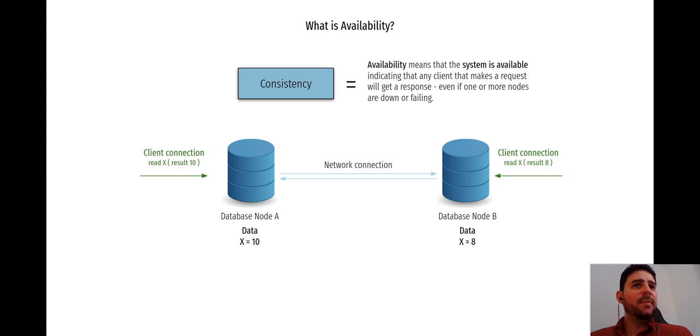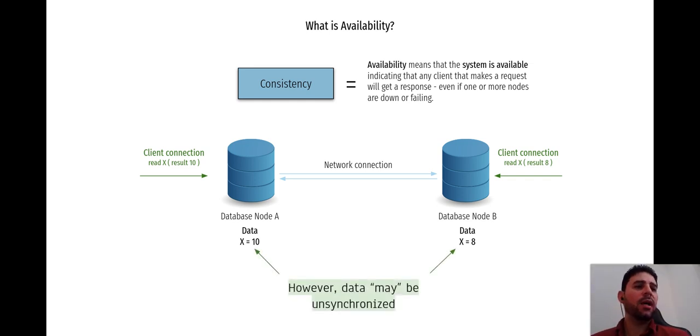After that, we have availability. Availability means that a system is available from the client perspective. If a client makes a request, the client will get a response back, even if some nodes are down or failing. From the client perspective, everything is just working fine because the whole system is considered to be available.